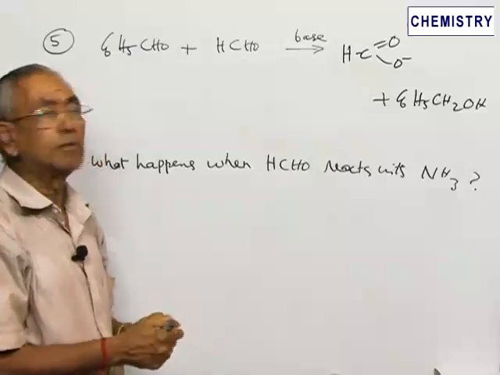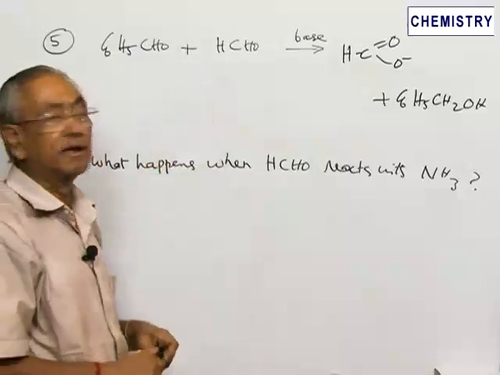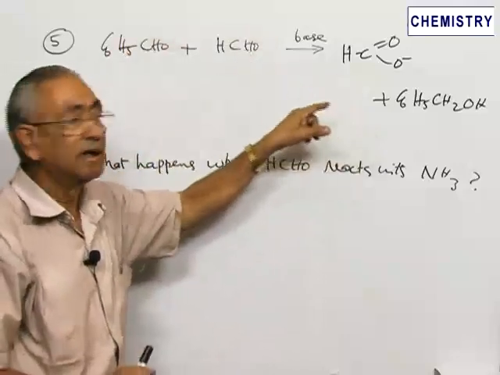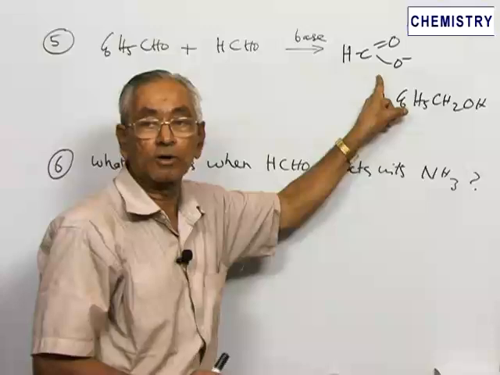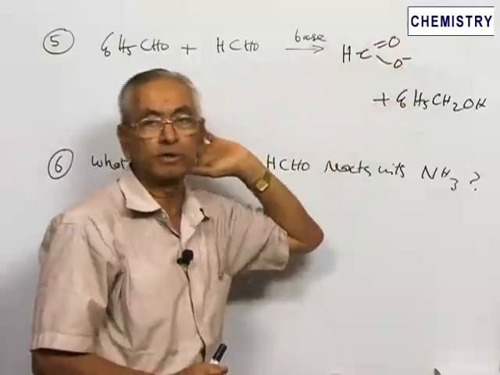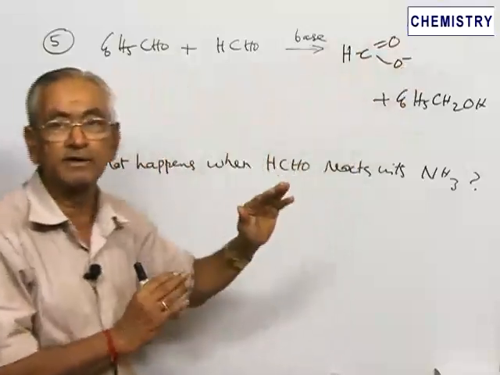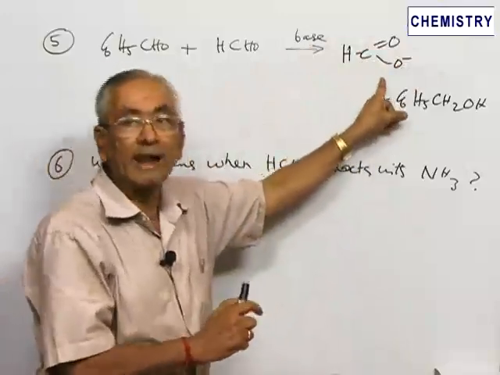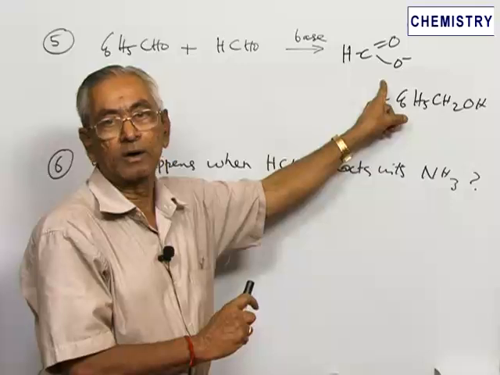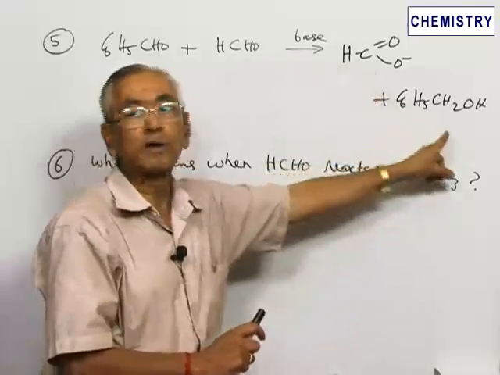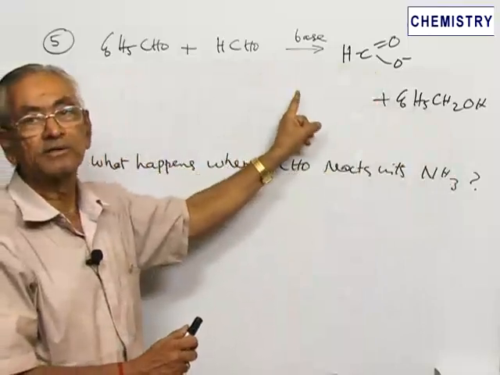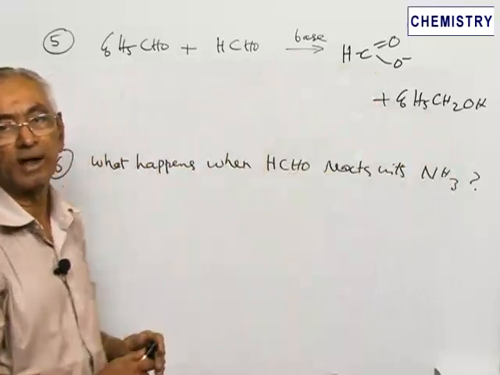The idea being conveyed is that it is not the benzaldehyde that is getting oxidized to benzoic acid. It is only the formaldehyde that is getting oxidized to formic acid, from which a proton is removed. The acid is never found as a final product; only the formate ion is formed, and the alcohol is formed as the other product. This is how we look at this reaction as a mixed Cannizzaro reaction.